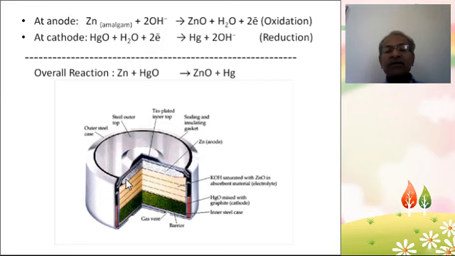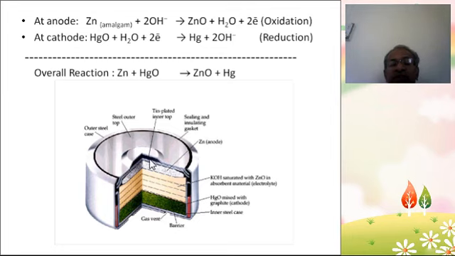If we look at this diagram, you will find that this is the outer steel case. The Ruben-Mallory cell is made of steel. This is the outer part of the mercury oxide battery. This is the outer top, which is also made of steel.